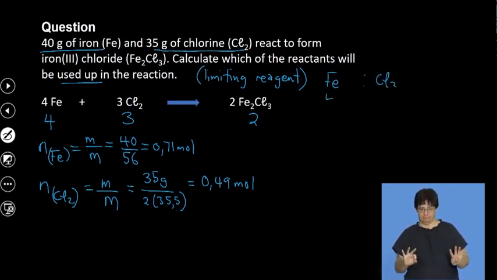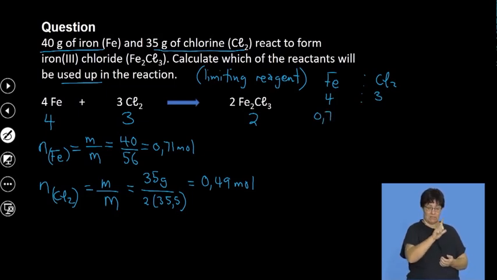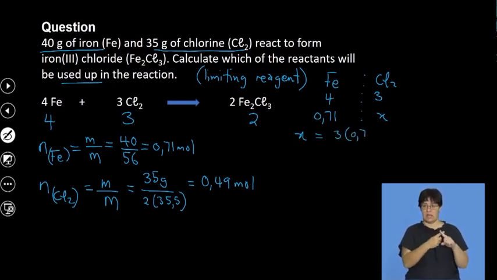Now let's assume that the entire 0.71 moles reacts. How much chlorine do we need? Let's say that is X.